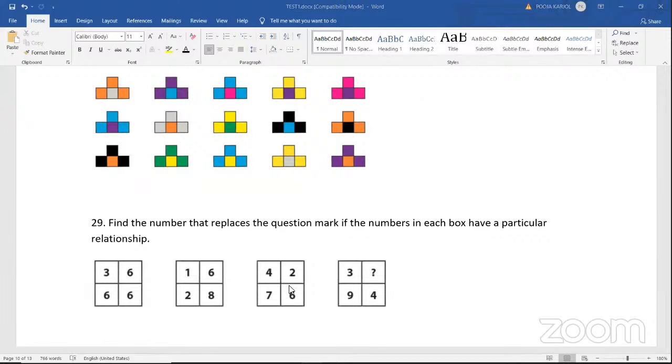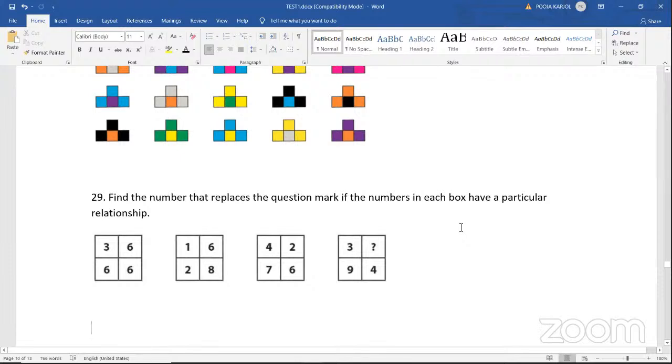If you see the bottom two numbers, 6 into 6, 36. 2 into 8, 16. 7 into 6, 42. 9 into 4 would be 36. So the answer is 6. These types of questions we will be doing also. Don't panic. We have done a few examples like this, but I think that was before your first exam.